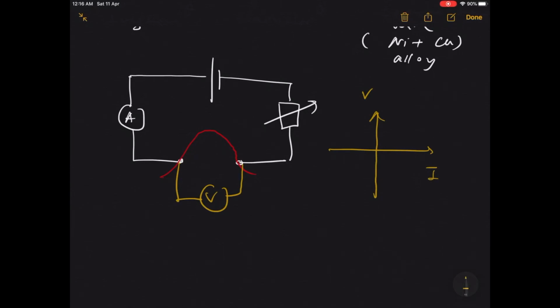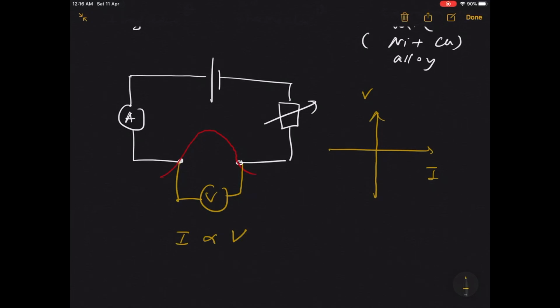Ohm's law states that the current passing through a conductor is directly proportional to the voltage applied. But that's the catch. Temperature must remain constant, and thickness and length also must remain constant. You can keep the length and thickness unchanged, but you cannot control the temperature, am I right?